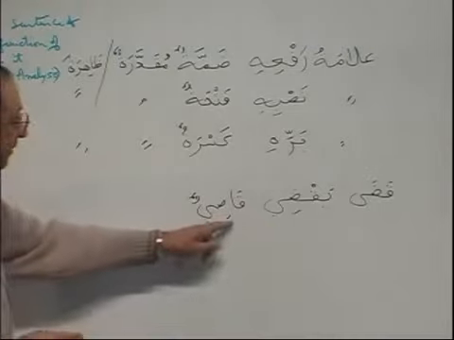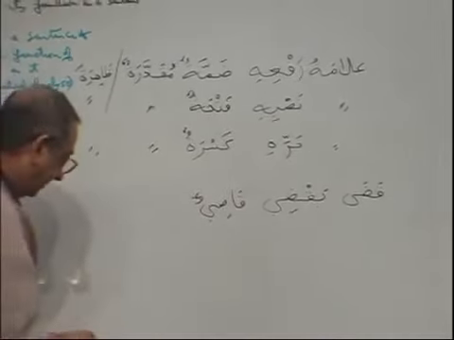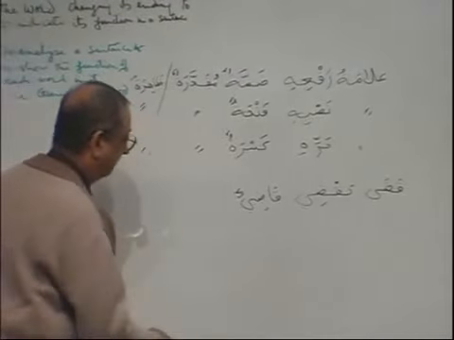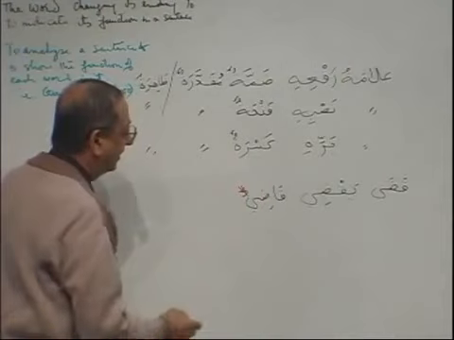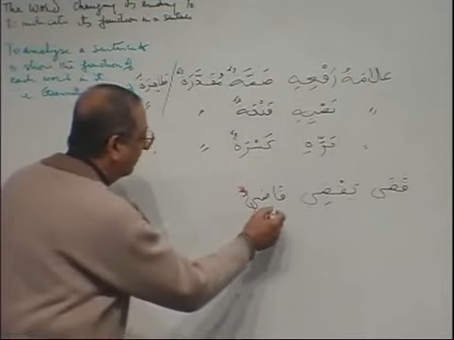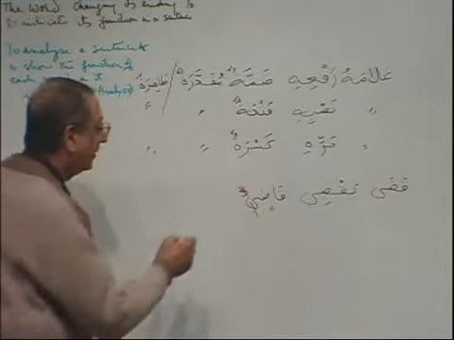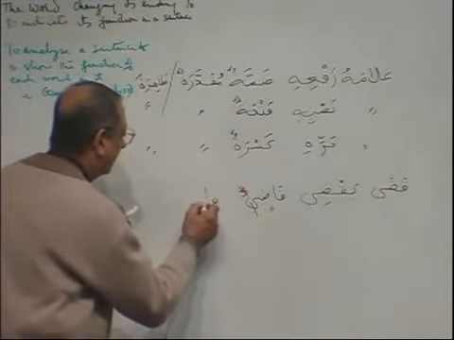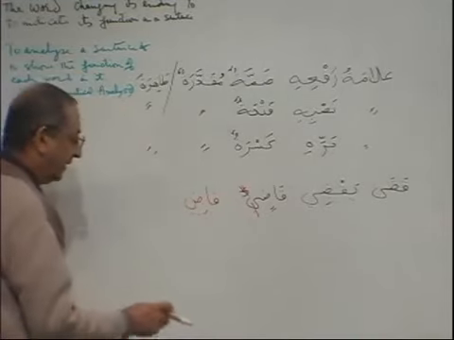Now before that there is a kasra. So what happens, brothers and sisters? The ya is dropped, and we give an extra kasra as compensation. So it became kadin. Remember, ya is dropped.